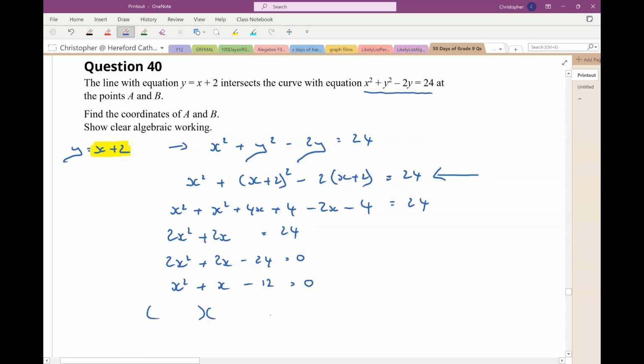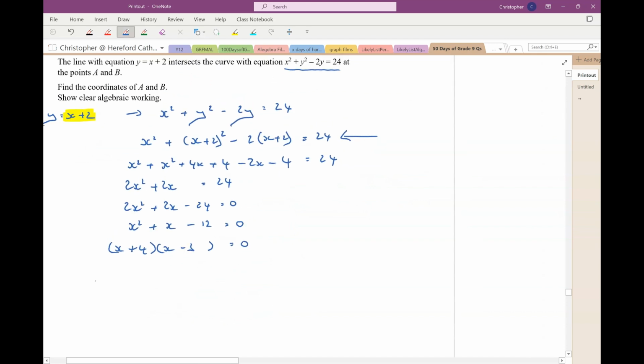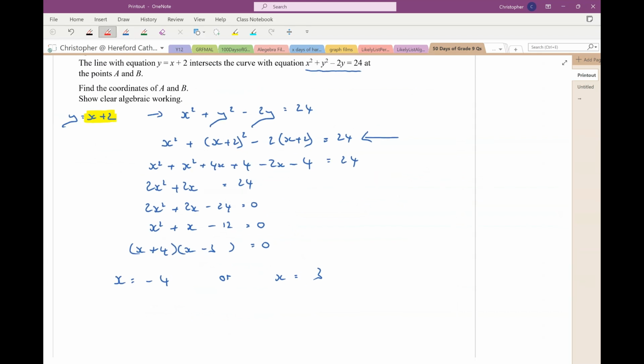Factorise. x plus 4 and x minus 3. So I'm going to get two values for x. x equals minus 4 or x equals 3. Each of those values of x will have a corresponding value of y, and here's my formula for y. y is x plus 2, so if x is minus 4, then y is minus 4 plus 2, minus 2.